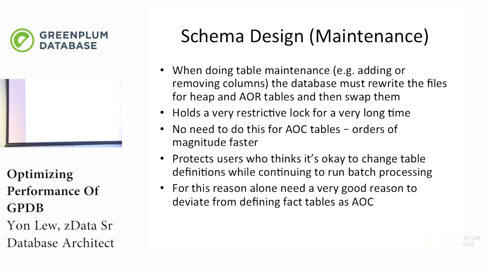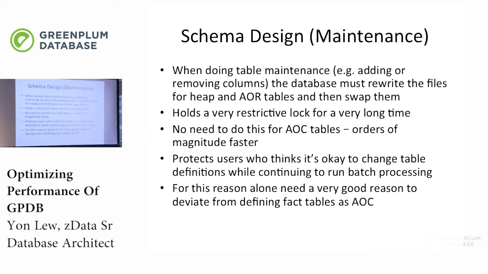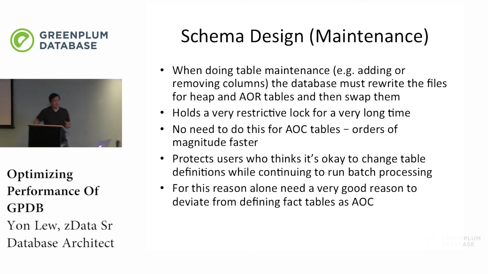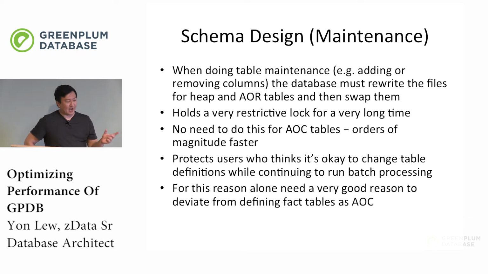There's another primary consideration when we take a look at the storage model for these tables, and that is maintenance. When you're doing table maintenance, for instance, adding or removing a column, for heap and append-optimized row tables, what the database is actually doing on the back end is creating a copy of the table, and then swapping the files out between the copy and the original table.